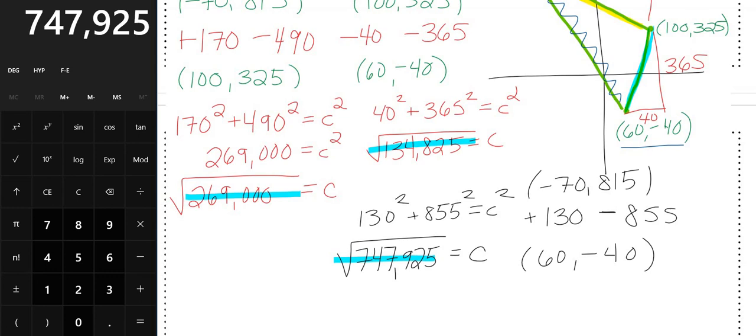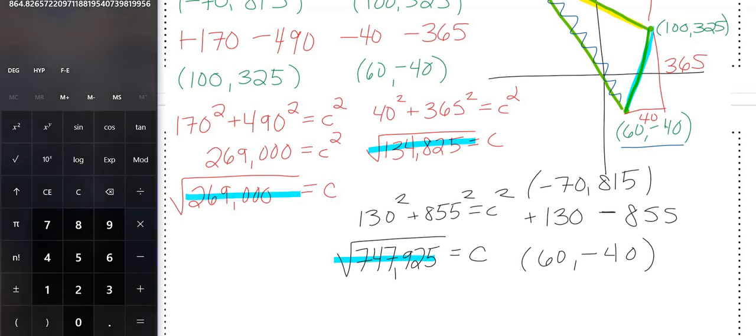So we have to add all three of those lengths. Don't forget they're all square rooted. Now, 747,925 is already in the calculator, so I'm going to hit square root, and it tells me it's approximately 864.8. Add to that the square root of the 134,000.